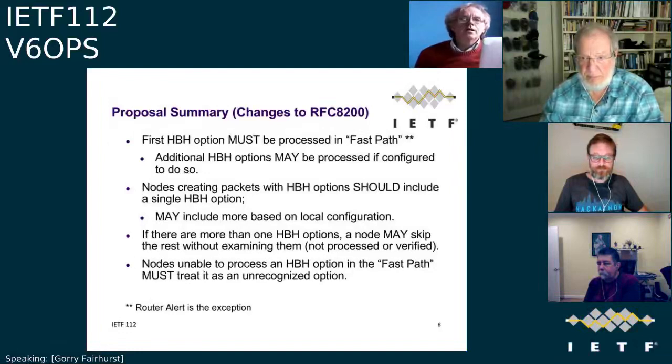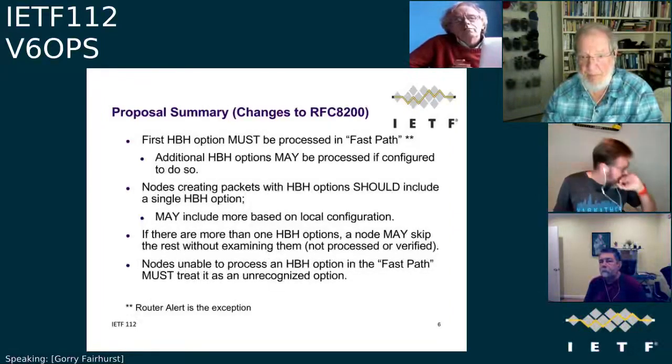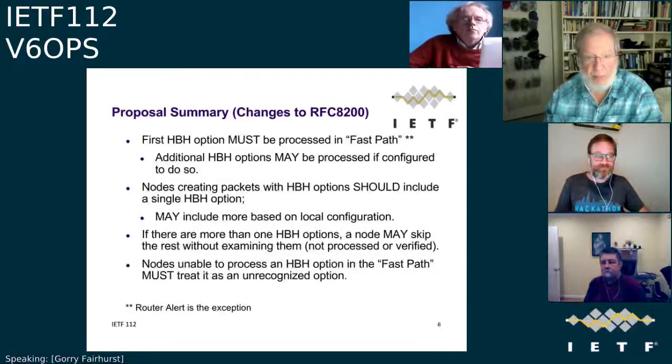There are implications here though, so carry on listening if you can. Nodes creating packets with hop by hop options should include a single one. May include more, of course, based on local configuration. And we've said that if there are more, then they shouldn't really concern you at the moment unless you're configured for them. So this is a big change in the way we're thinking about how this will be used.